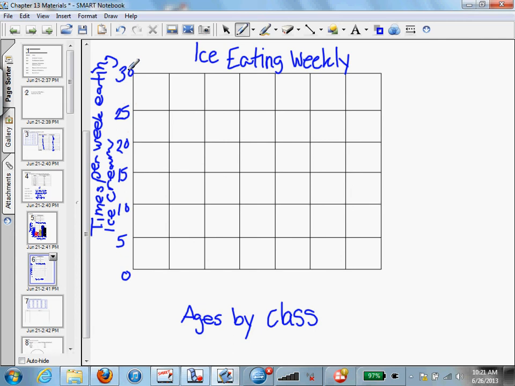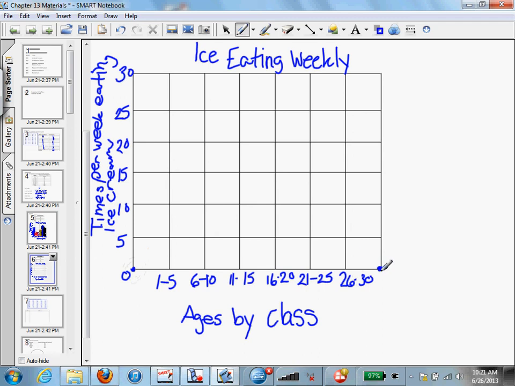Okay, now for the classes, let's actually label each of these points from 1 to 5, 6 to 10, 11 to 15, 16 to 20, 21 to 25, and 26 to 30.